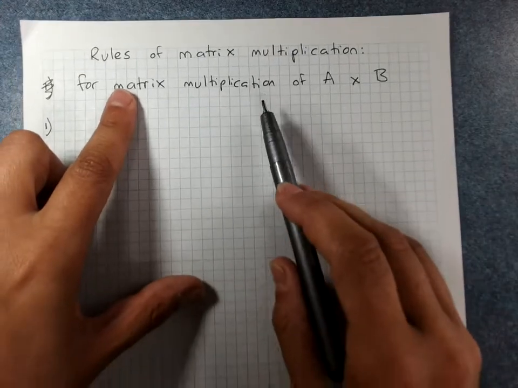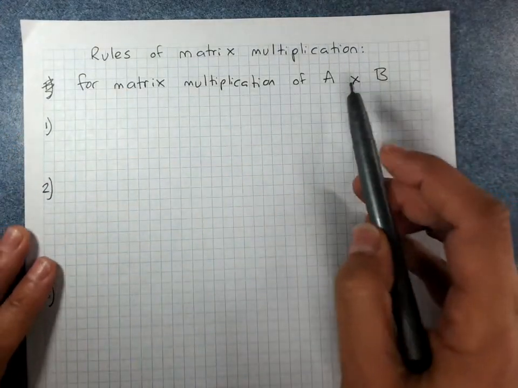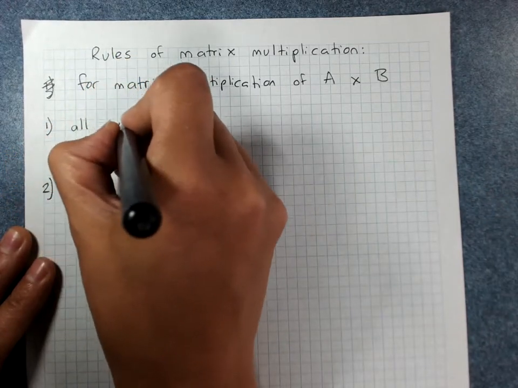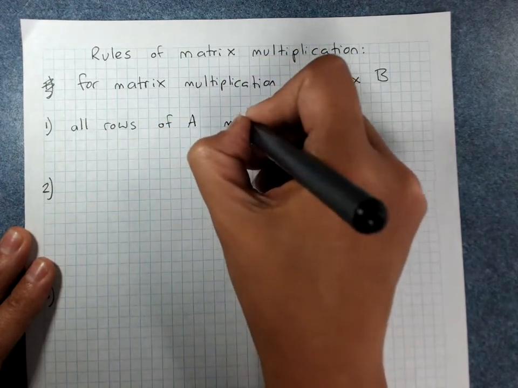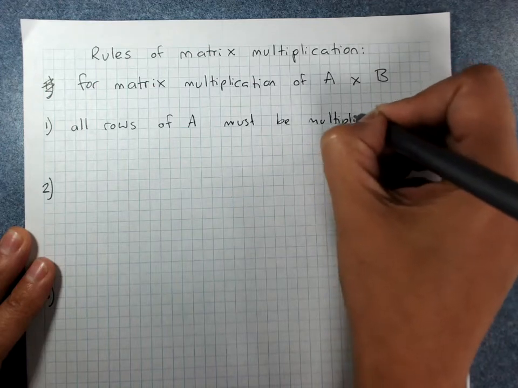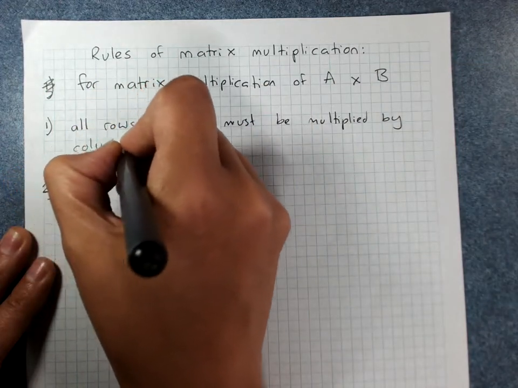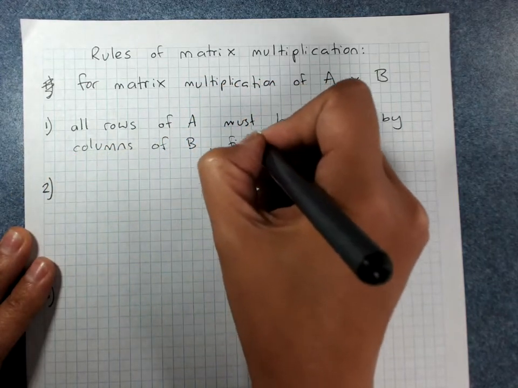So we need to learn and apply what we just saw to the rules of matrix multiplication. So the rules are, if I'm multiplying matrix A times matrix B, all rows of matrix A must be multiplied by all columns of matrix B, finding the total each time.